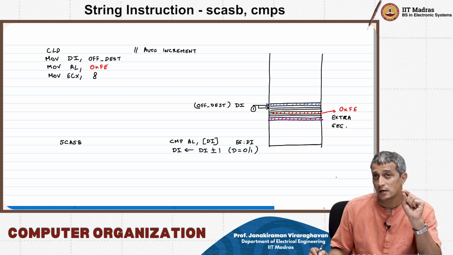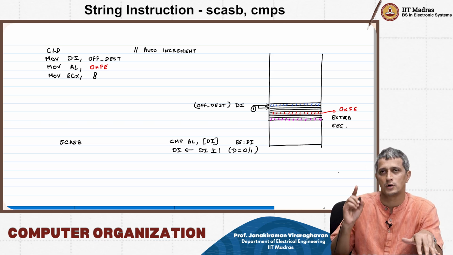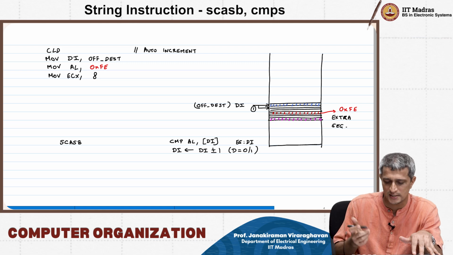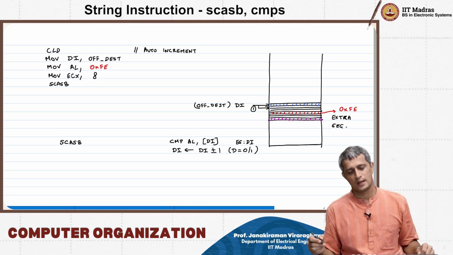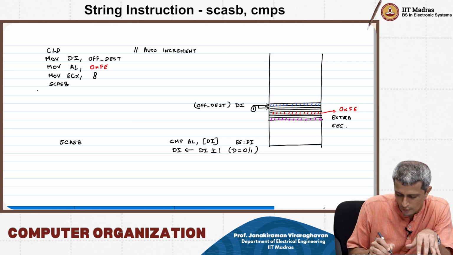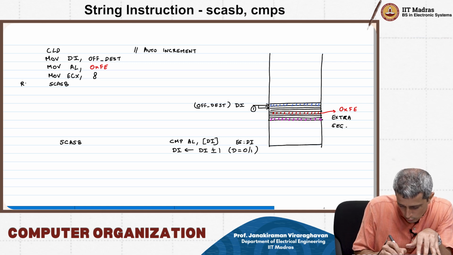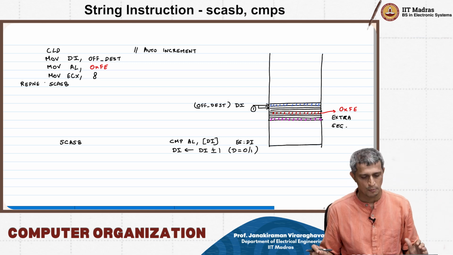Then you put the pattern that you want to search for in AL, the count of the array size in ECX, and then you do SCAS byte, right? It will compare, right? And of course, what should I do here? I do REPNE or REPNZ, it doesn't matter.